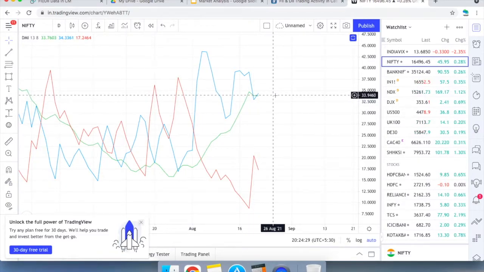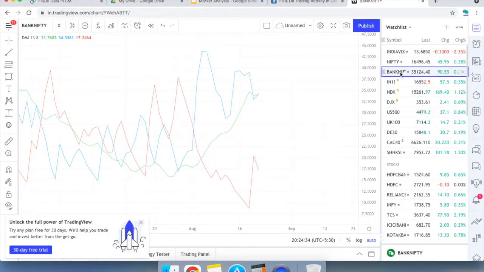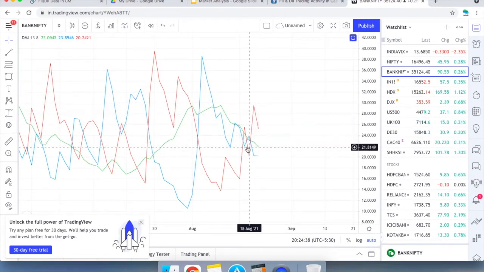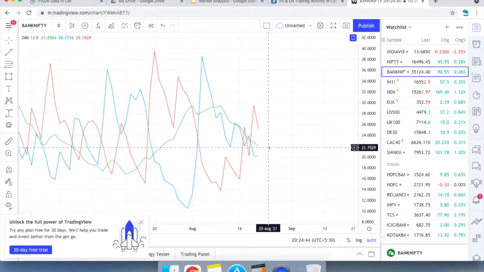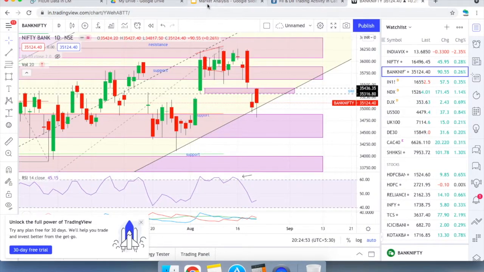It's good enough. Very good strength in the momentum, and it is in the bull zones. Bank Nifty's momentum continues to be in the bearish zones after the crossover that happened on Friday, and it has dipped a little bit, and the strength is very less. It is 21, right? Below 25 is less strength of the trend, and it is in the bearish zones. So that is a primary difference.